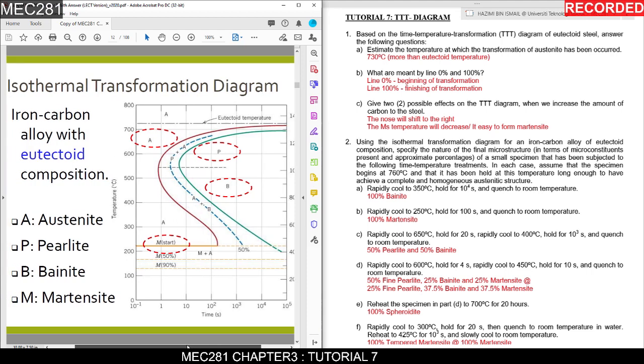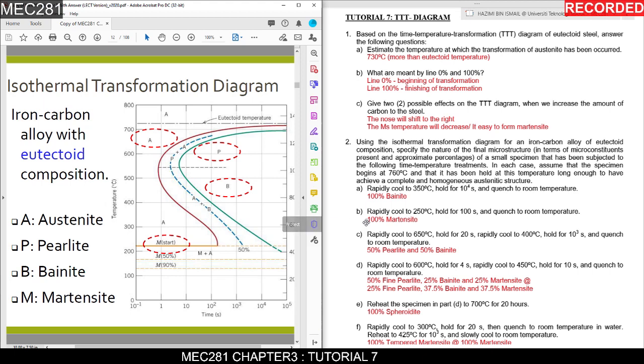Rapidly cool to 350. Yes, around here 350 and hold for 10,000 seconds. So around here, this is in the region of B. B is the bainite, so it is 100% bainite.